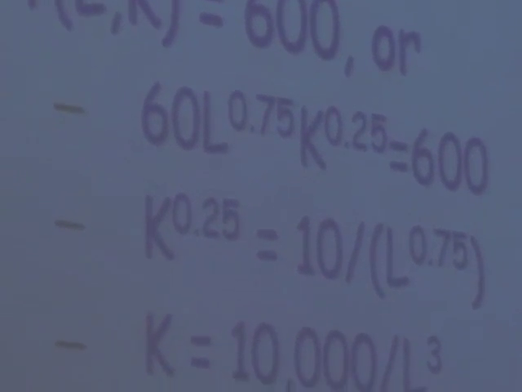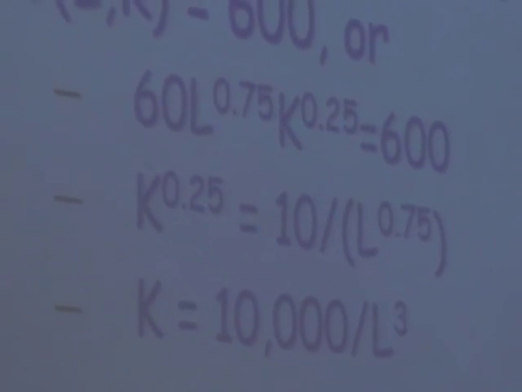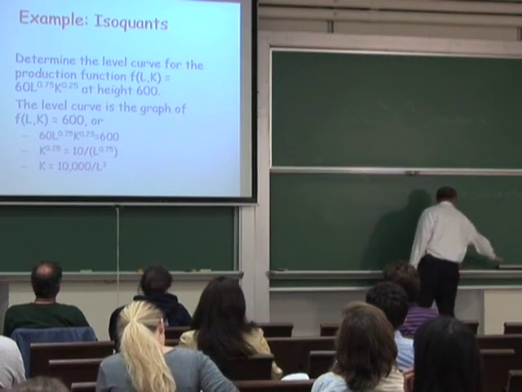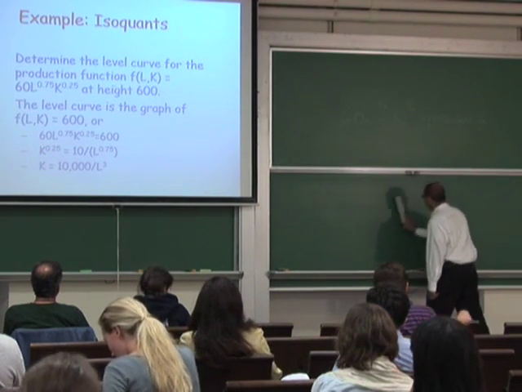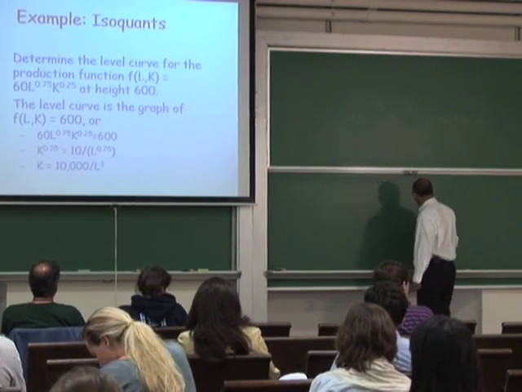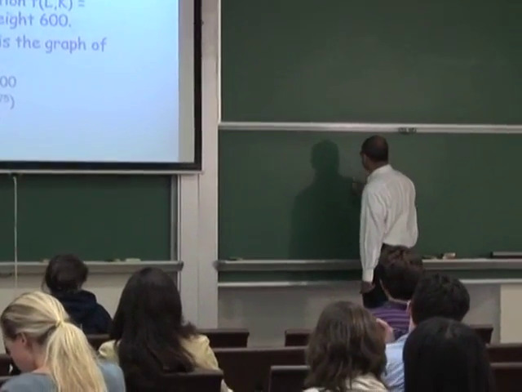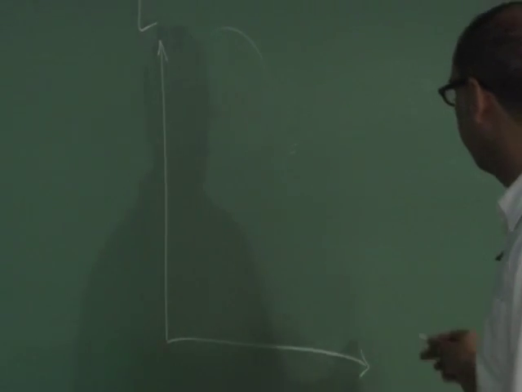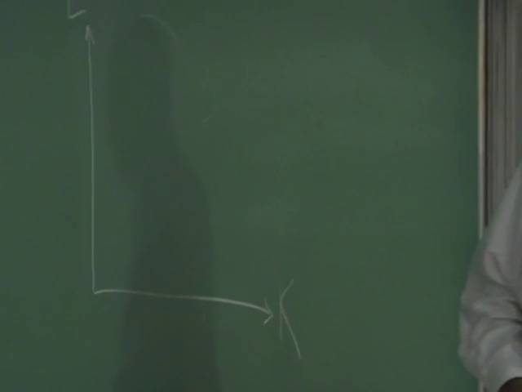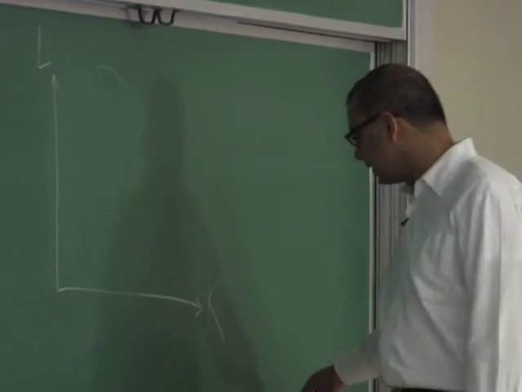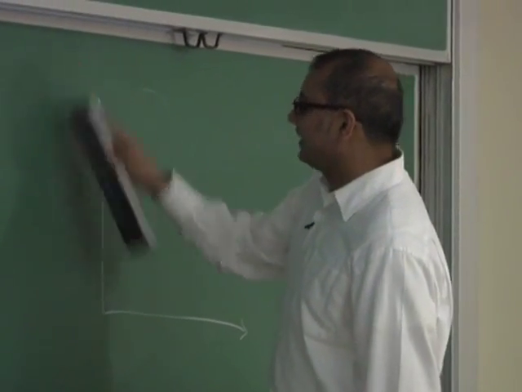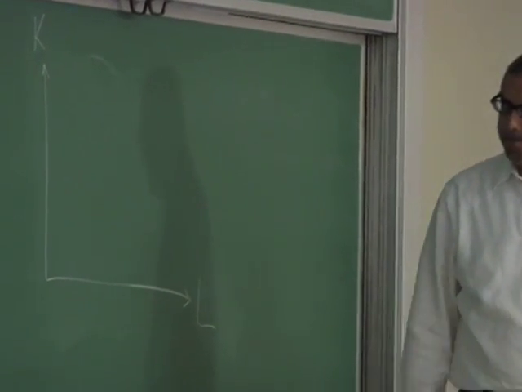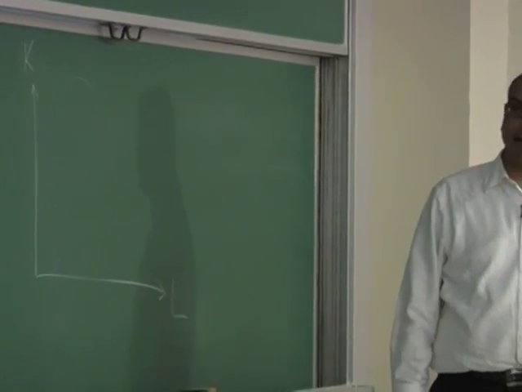Then I pick which input variable I want on the x-axis, and which one I want on the y-axis. The one I want on the y-axis is the one that I solve for. Say I want capital on the y-axis and labor on the x-axis.